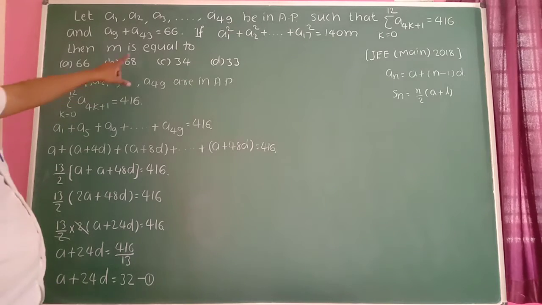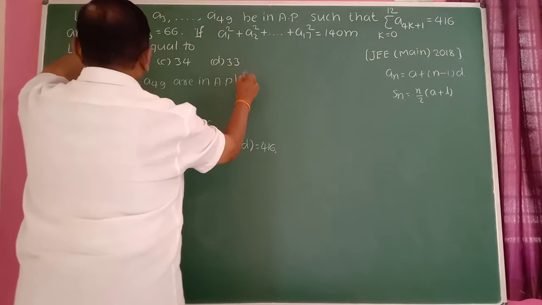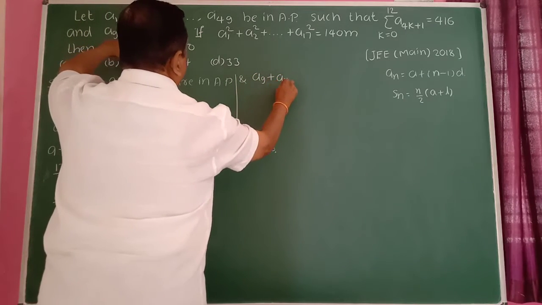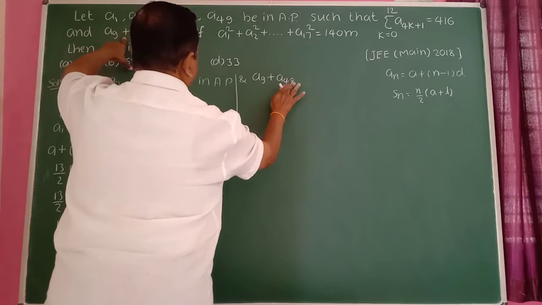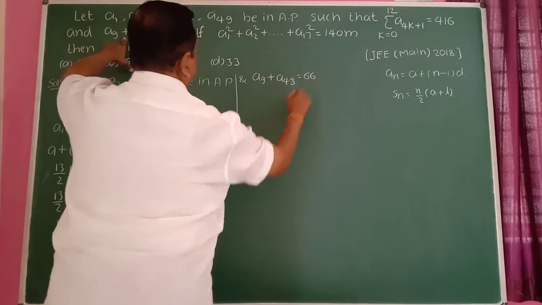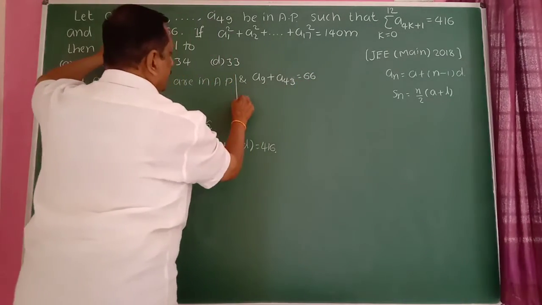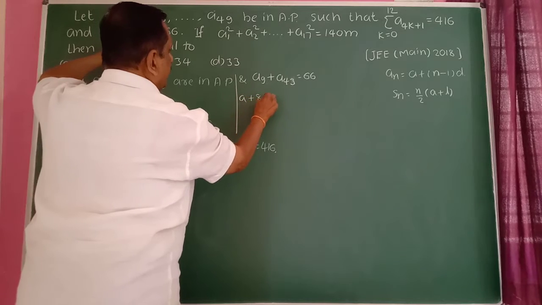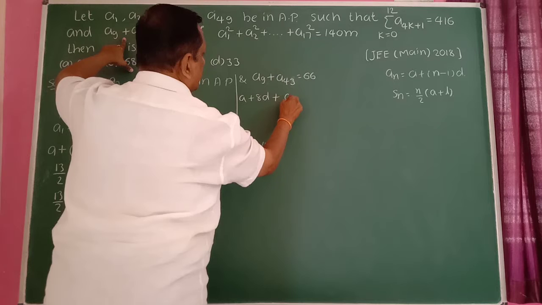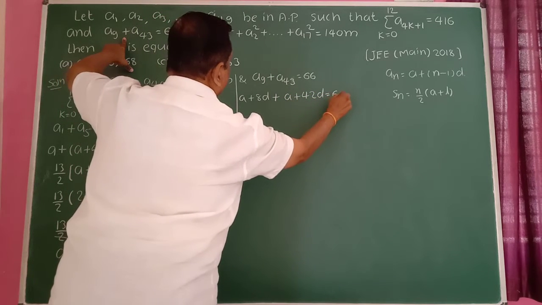And also they have given that A9 plus A43 is equal to 66. It is already given here. A9, using this formula, is A plus 8D, plus A43, again using the same formula, is A plus 42D, equal to 66.